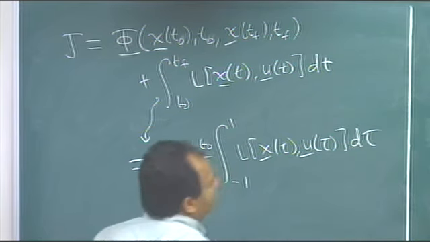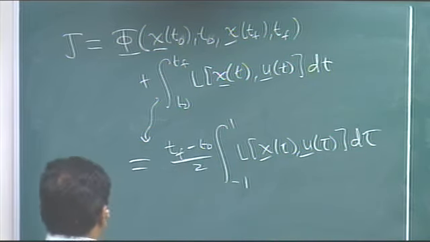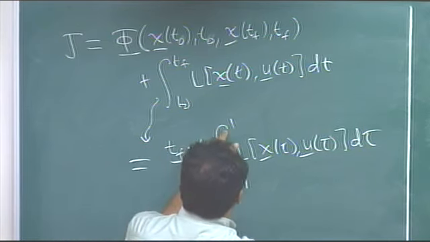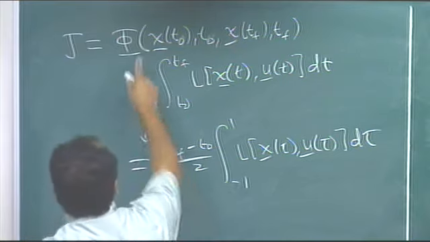It's the same transformation that I had earlier. It's just that now I'm doing it from -1 to 1. So this can be approximated by quadrature, right?